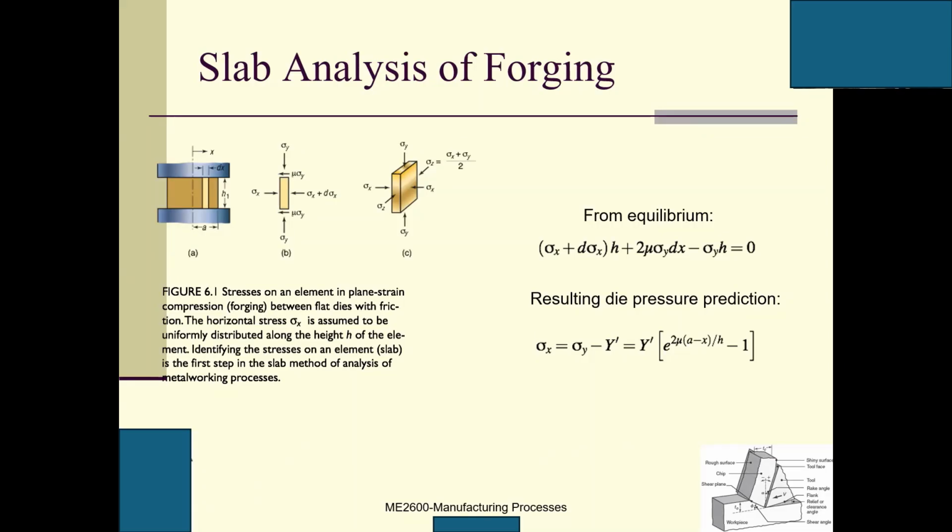This is h1. We just take this slice out of here, and we know that on this side we have sigma x, and on this side we have sigma x plus d sigma x. Do you agree?